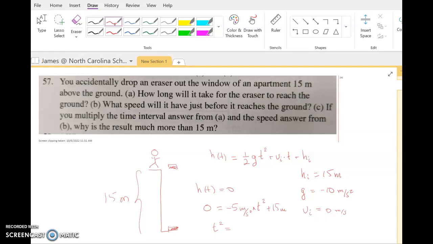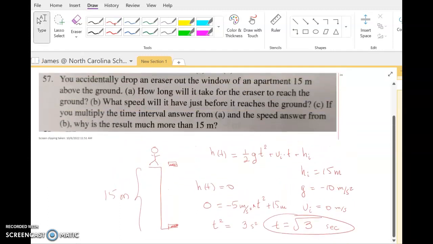The meters are going to cancel, and I'm going to get 3 seconds squared. So then if I want the time, I write the square root of 3, and the square root of seconds squared will be seconds. And there will be my result for part A.